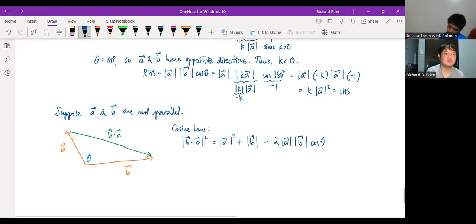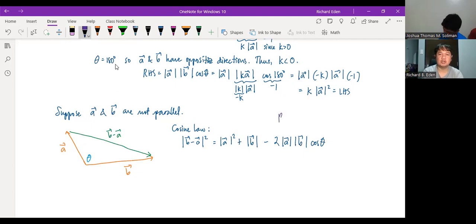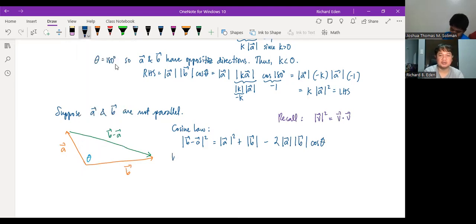We're going to use here more than once what we already established earlier. Recall that the square of the length of a vector v is nothing more but its dot product with itself. So that's going to allow us to rewrite the left side as follows.